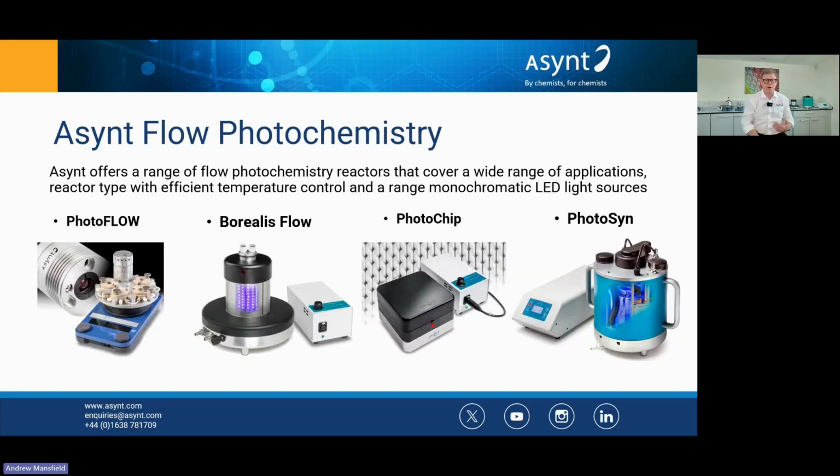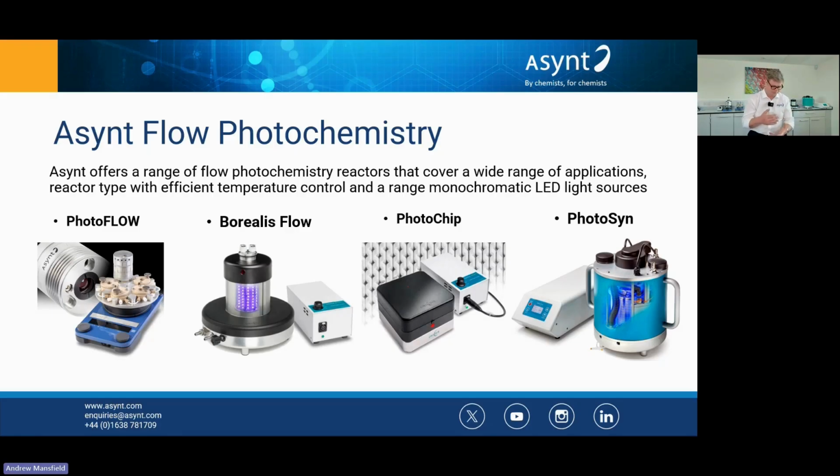And for flow chemistry, we have some really efficient reactors. As I mentioned, we can irradiate CSTRs, or continuous stir tank reactors. So you can see we have a light source, which is similar to the Lighthouse, that enables us to irradiate our CSTR reactors.